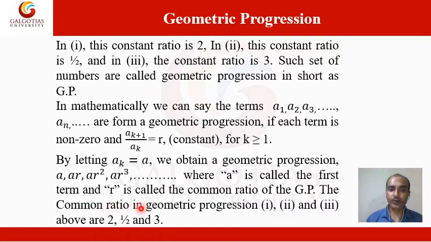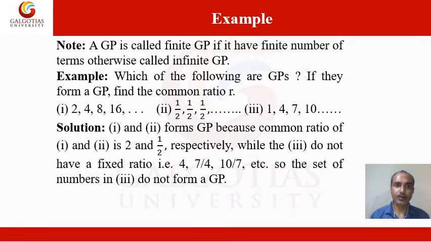The common ratios in the geometric progressions discussed in the first, second and third cases above are 2, 1 by 2 and 3. Note that a GP is called a finite GP if it has a finite number of terms, otherwise it is called an infinite GP.